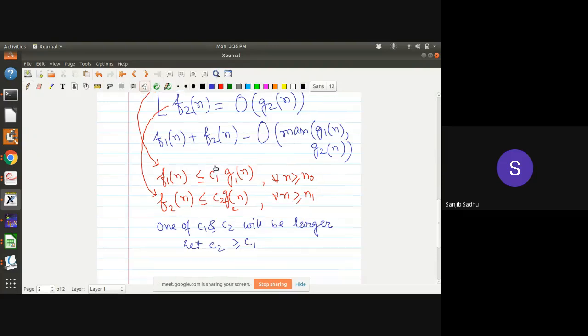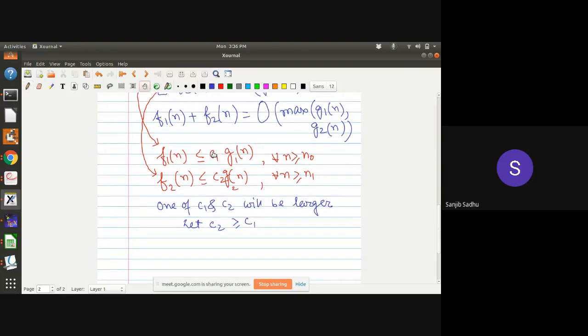So if C2 is larger than C1, I can write the first statement. Since C1 is less than or equal to C2, can I write that f1(n) is less than or equal to C2 into g1(n)? Tell me, is it correct or not?